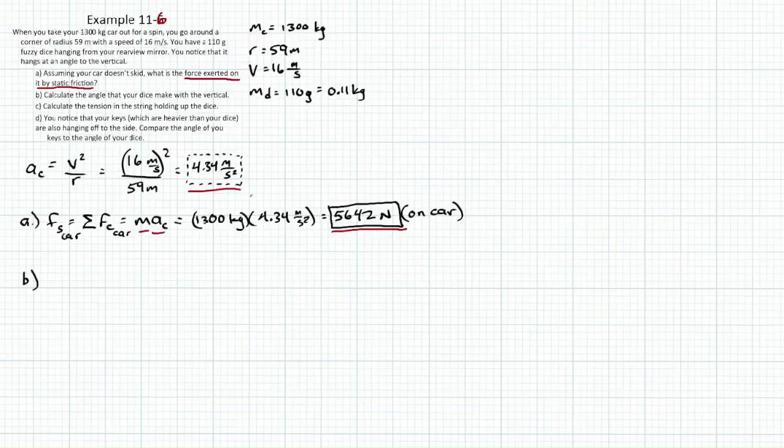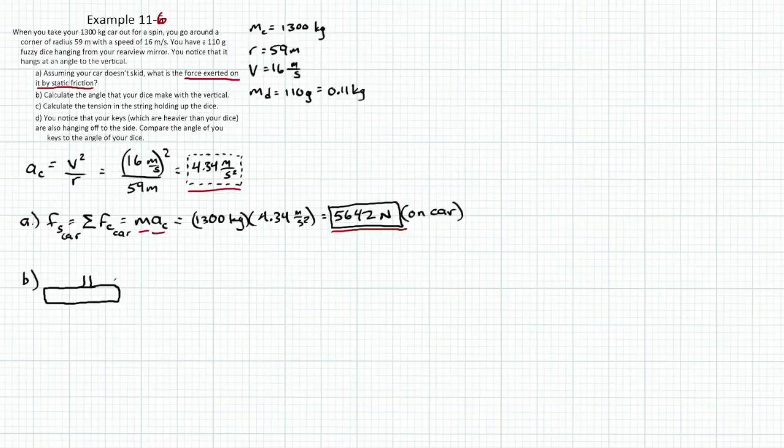calculate the angle that your dice make with the vertical. Now, if you're just coming back to this problem, you might say, what does that mean? Well, if you recall, we have a rear view mirror right here. Okay, it's a little off center.